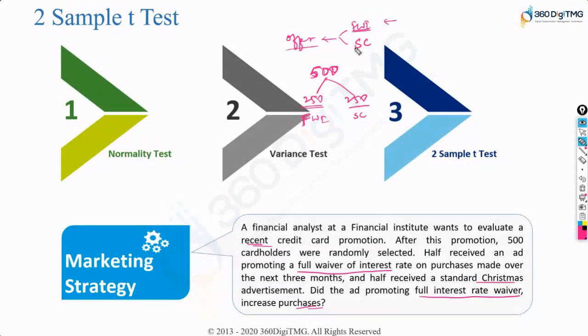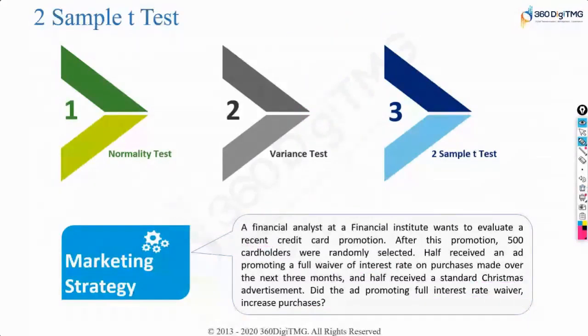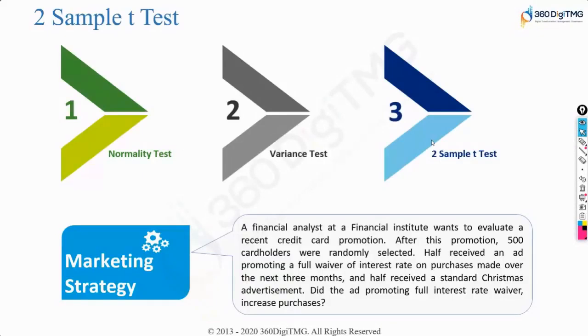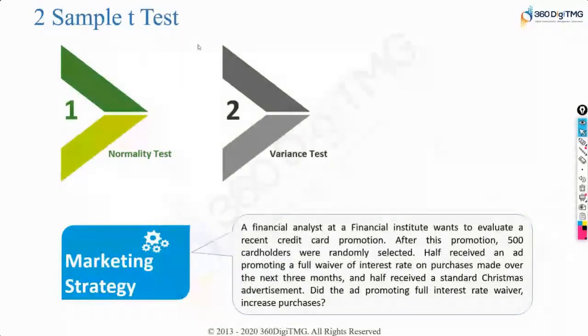That's not required. So this is our business problem. I'll write it here: should the new offer be launched or not? This is the business problem that we need to take.